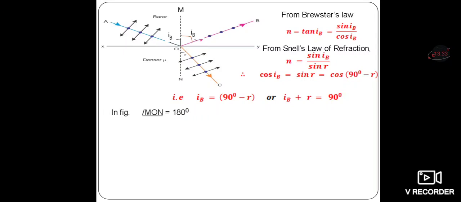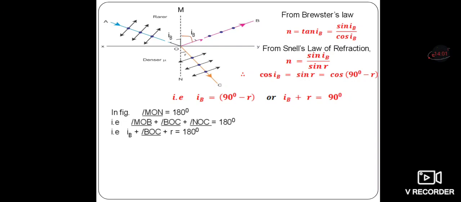Now from the figure, angle MON, which is a straight line, is equal to 180 degrees. Therefore angle MOB plus angle BOC plus angle NOC must be equal to 180 degrees. Angle MOB is again the angle of incidence, which is the same as the angle of reflection, that is IB itself.